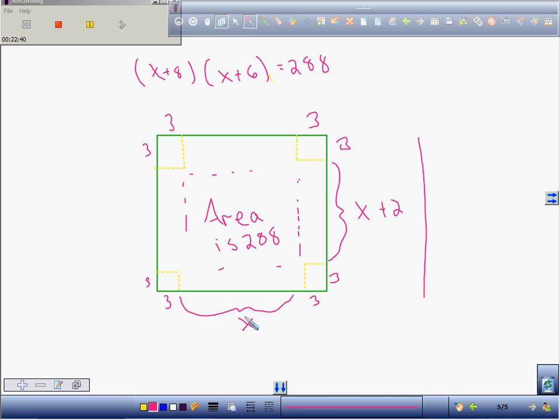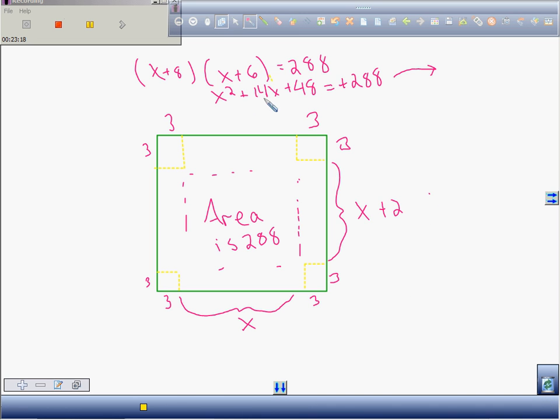Now this involves a few steps. First of all, you want to multiply this through. First you FOIL it. This is a tricky problem. You get x squared, 8x and 6x makes plus 14x, plus 48, and that is equal to 288. Now I want to solve this. What do I do to both sides before I can solve?